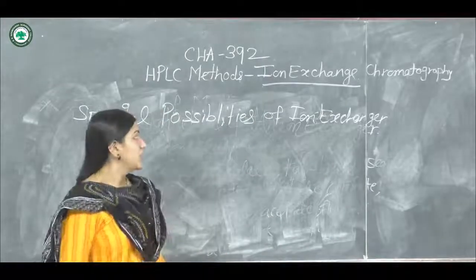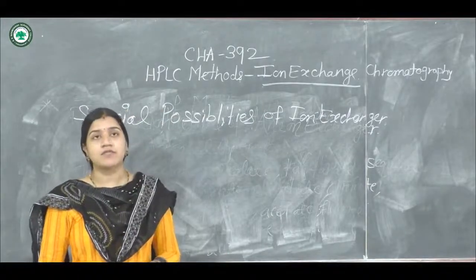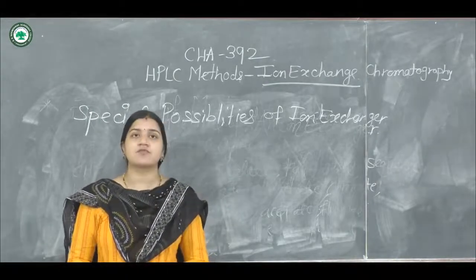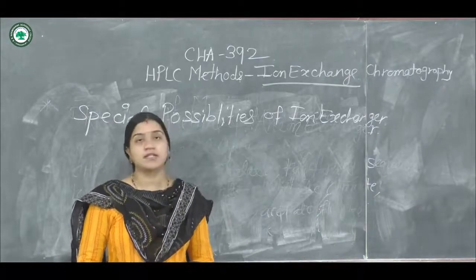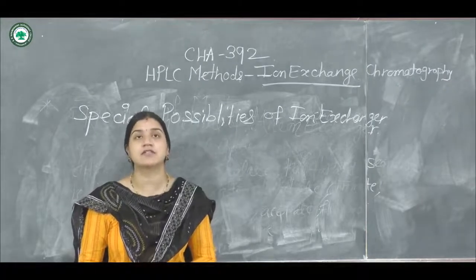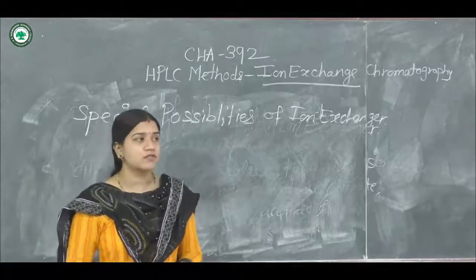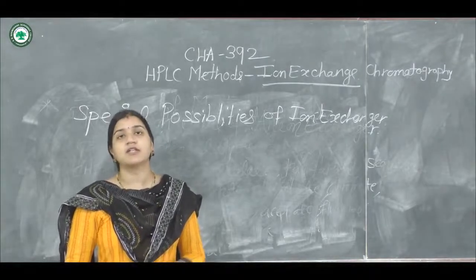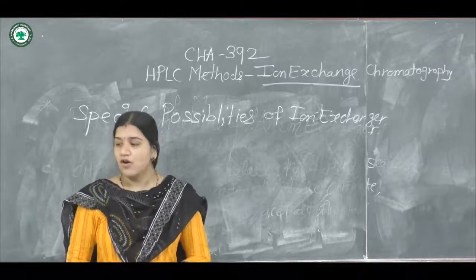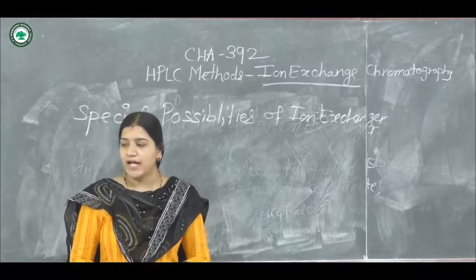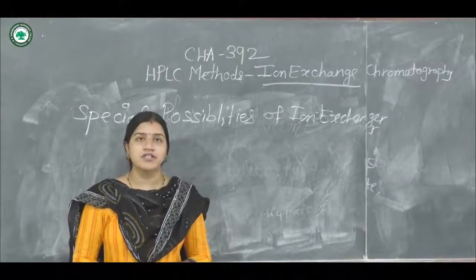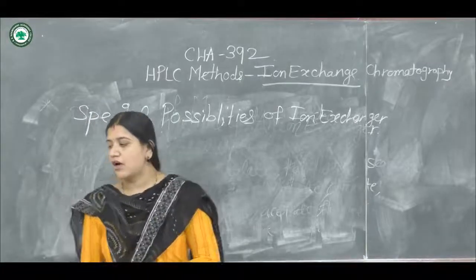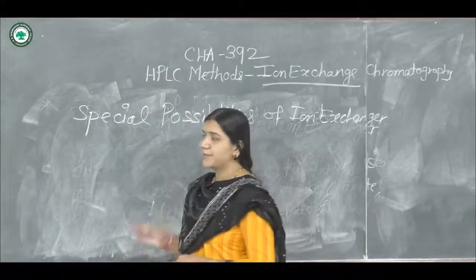The ion exchange chromatography separation is influenced by a number of factors. For that we have to first consider the cation exchanger, anion exchanger, then the sequence of the counter ion in order to increase the retention time or the retention behavior of the different columns. Now this retention behavior can be influenced or operated.